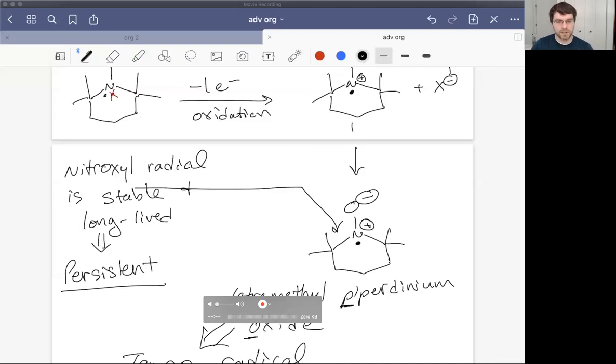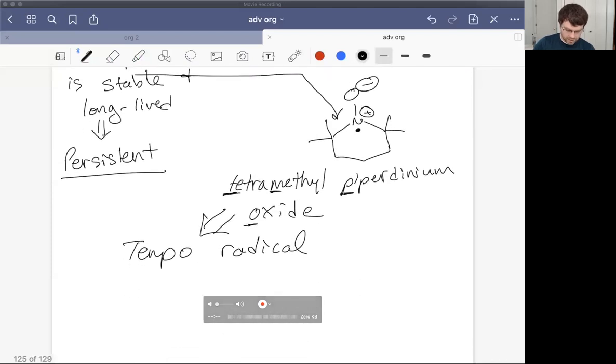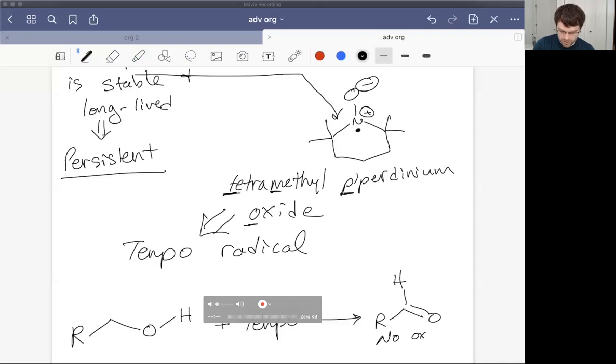Now, TEMPO is a really cool radical because it can do some interesting chemistry. Namely, if you take a hydroxyl group and you react it with TEMPO, you will form an aldehyde with no over-oxidation.